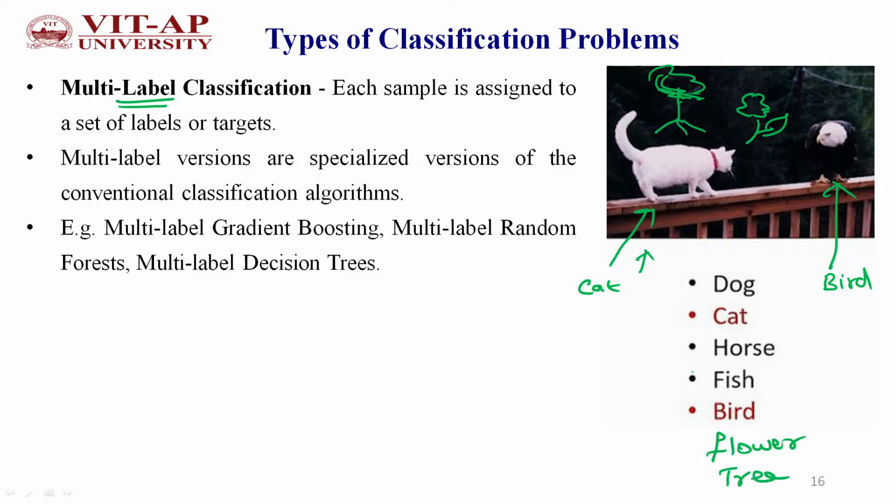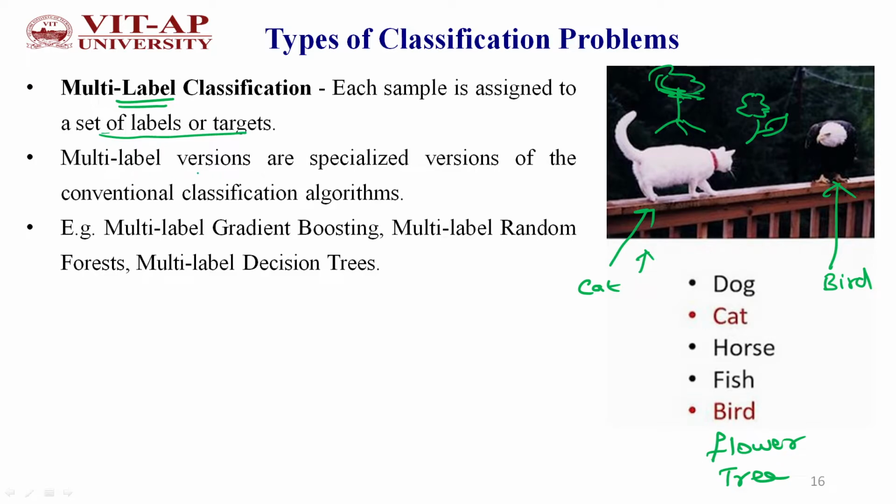So the algorithm classifies the given input into multiple labels. That kind of classification algorithm is called multi-label classification.